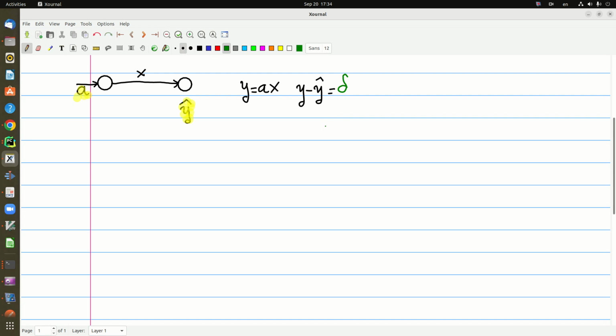Our objective is to find the value of x that perfectly fits the given data. When the neural network starts, x is given a random value.